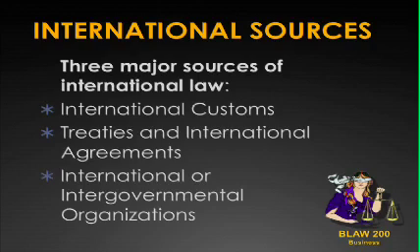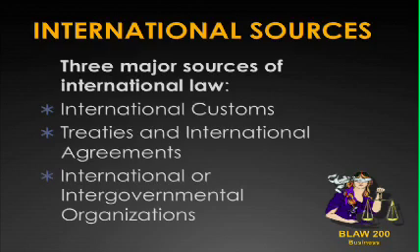So it's the way we've been doing things for a long time. When we're talking about treaties and international agreements, we're talking in essence about contracts between countries. So it's hard to really analogize that to legislative action. And then international or intergovernmental organizations, again, this is by consent.